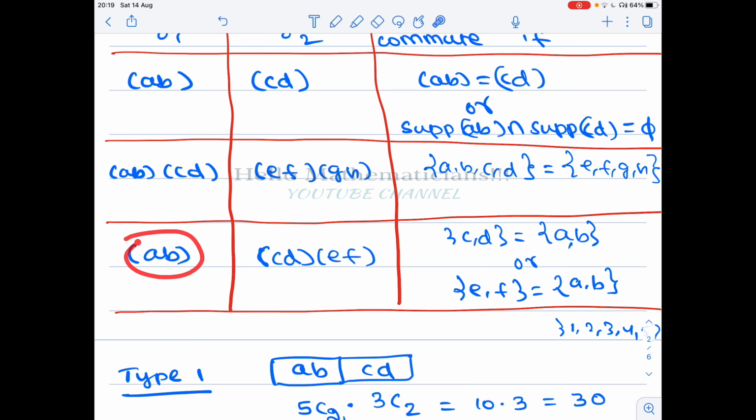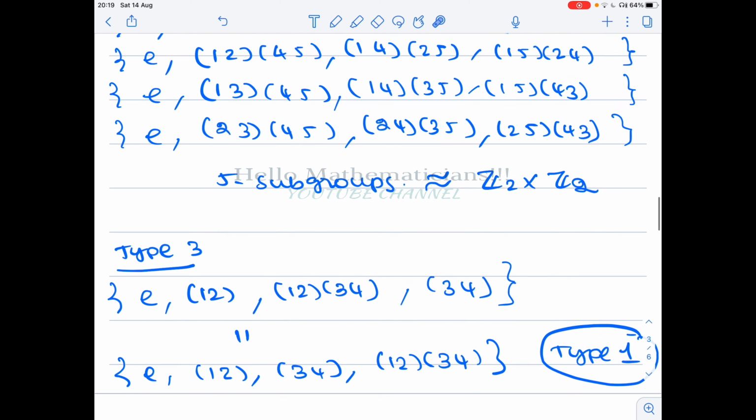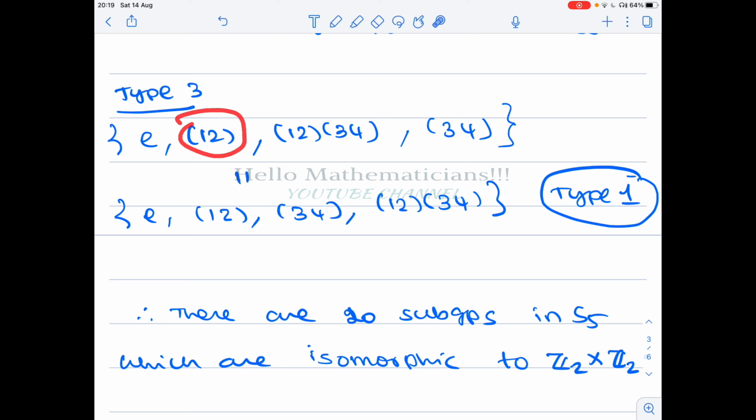So these two cycles should appear here or here, and then only they commute. So if I take this as 1 2, then this 1 2 should appear here also. So I take 1 2 as the first element, then I take this to be 3 4. This element has order 2 only if they are disjoint.